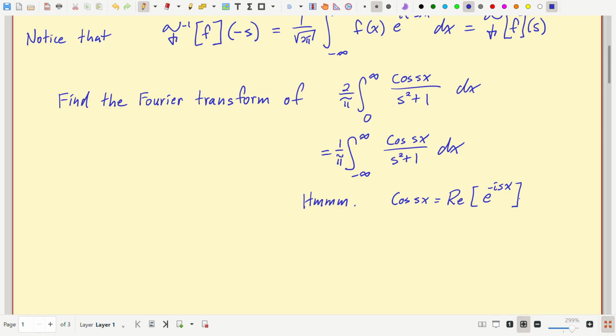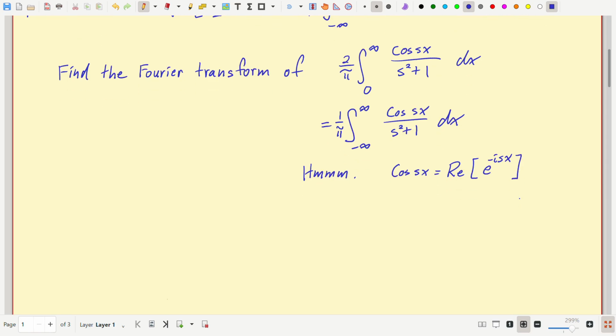So if you play around with that fact, and with even and odd functions, you can write that thing as some constant times the Fourier transform of some function g at s.